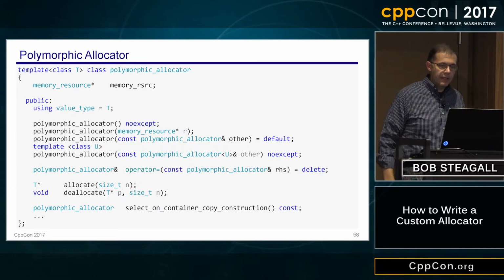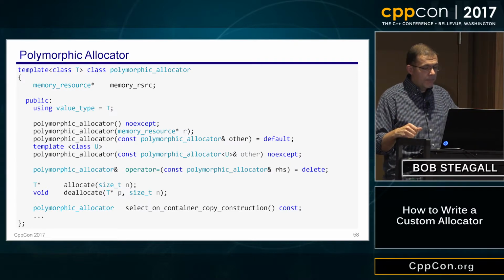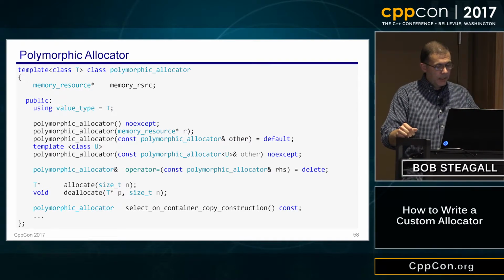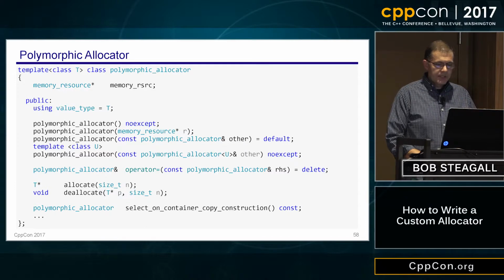Also, in this case, for this allocator, the copy semantics and by extension move semantics are deleted, and they take on the default values for the propagation traits. Nothing propagates, and because this is not an empty class, and because this does not specifically create the is always equal trait, allocator traits will deduce that not all instances of this are equal.